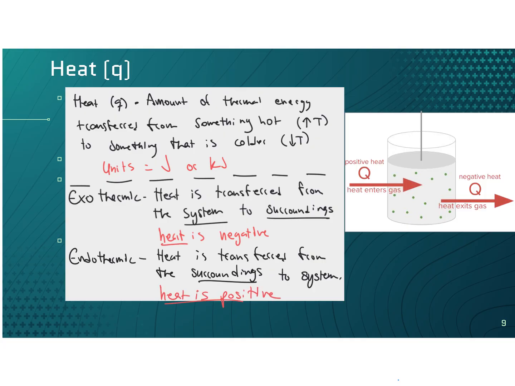So exothermic means it's losing heat. Essentially, the system itself is losing heat. In endothermic, the system is gaining heat.